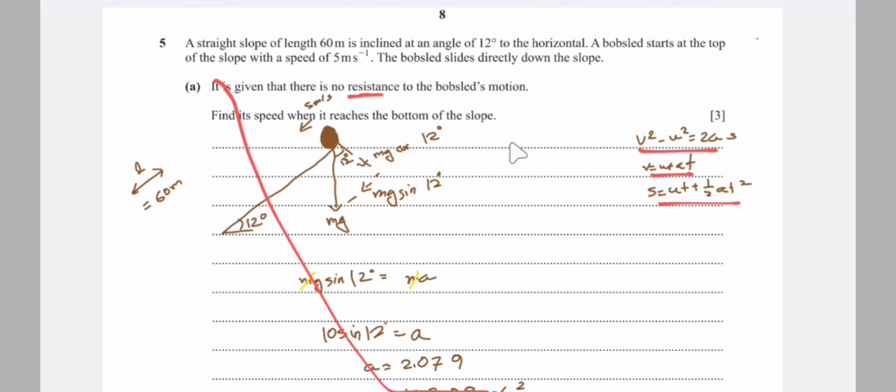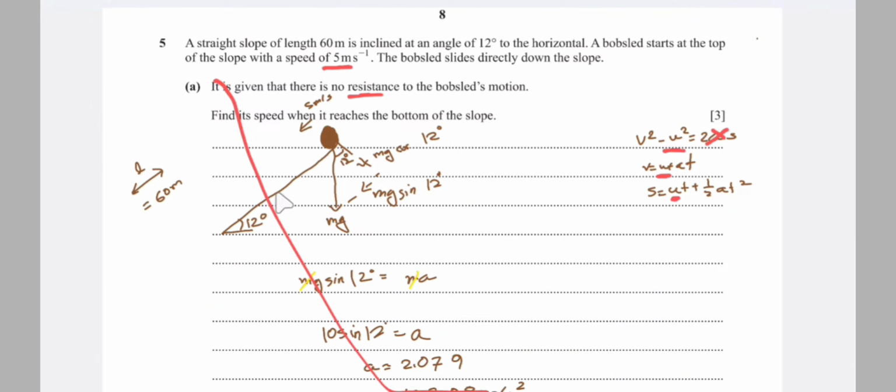So for friction, we know the value of initial speed, that is the value of u. Then we need to find the value of time. There is no time in the first equation, and there is time in these two equations. We also know the value of distance.